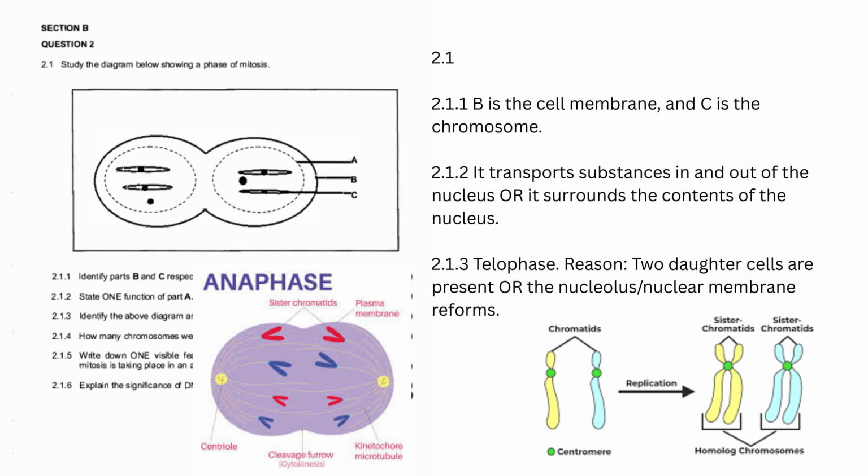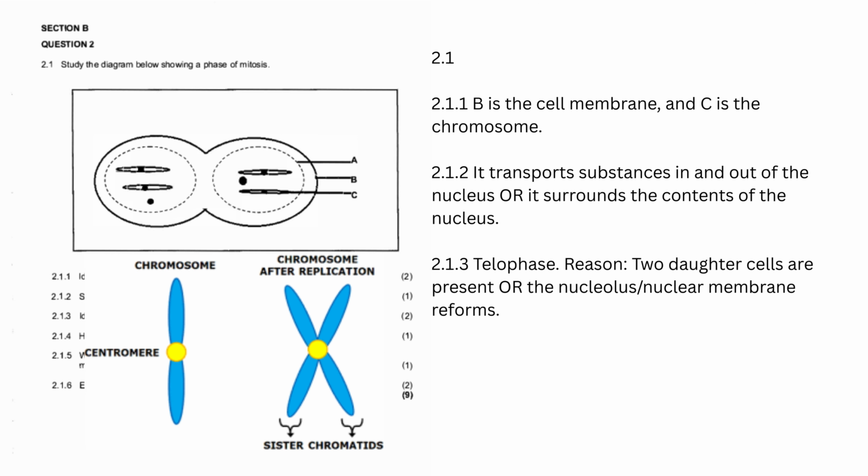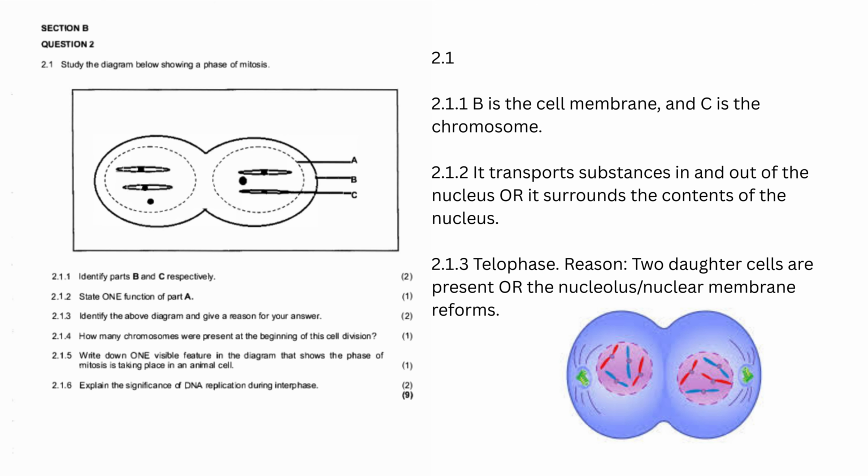Once the chromatids separate, each chromatid becomes an individual chromosome. These chromosomes move to the opposite poles of the cell.